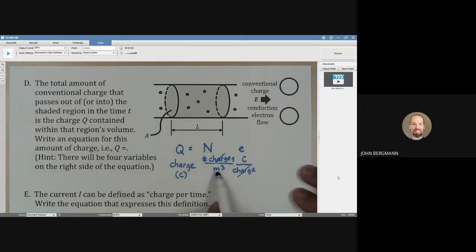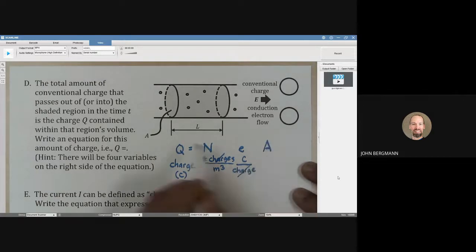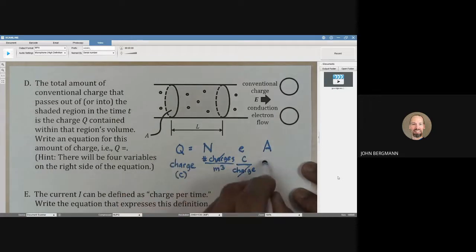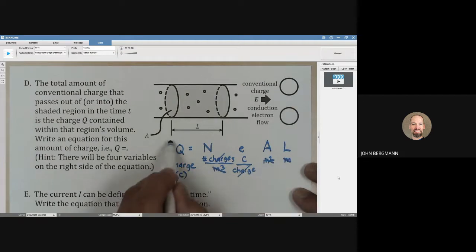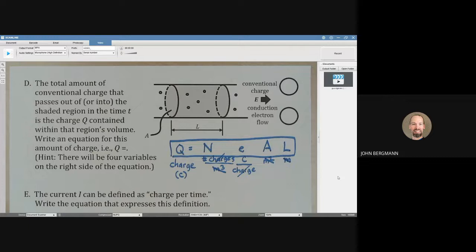In terms of the variables we have, how can we do that? Can't we multiply by the cross-sectional area, which would be meters squared? Then if we multiply by the length, that would be meters also, and there go your meter units. So the product of those four things will give us the total amount of charge inside that region.